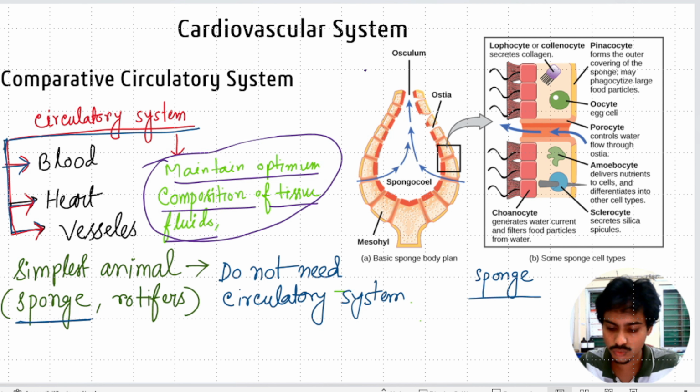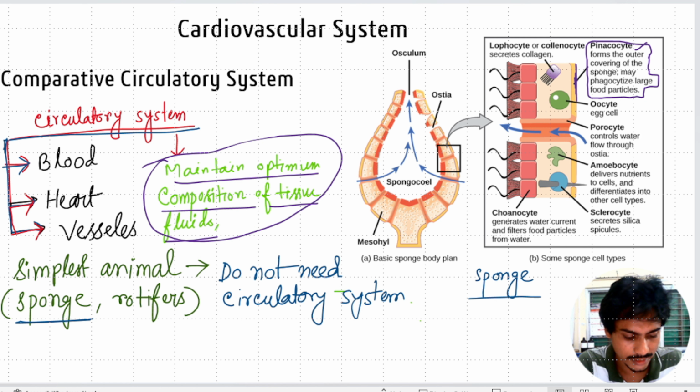This is the osculum. Water is coming into the spongocoel, and in that cell water can directly enter that portion. There are just two or three cell types, not too many. You can find the pinacocyte, which forms the outer covering of the sponge, and the phagocyte, which handles large food particles in that region, phagocytizing them as they enter.